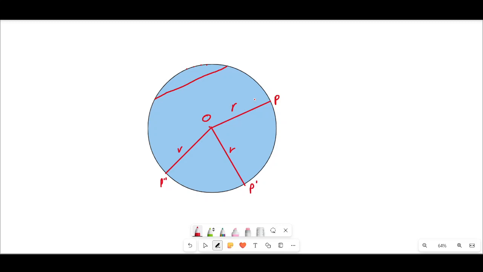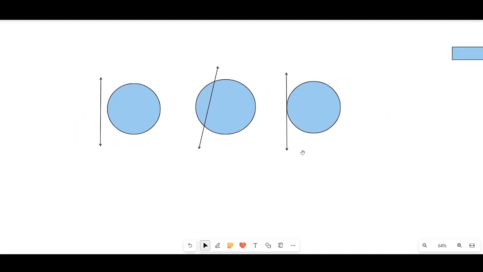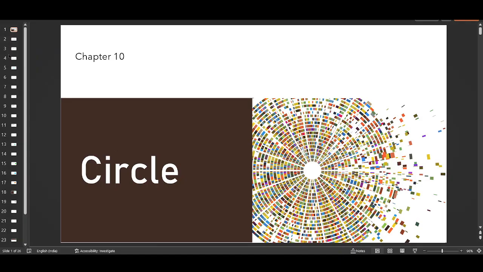Now, in this class, we will start with three lines and their relationship with circles. Look at this figure. What do you feel?